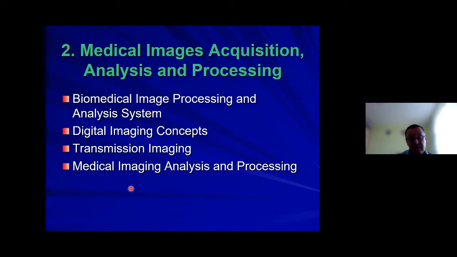So now the major part of the lecture, the second question, which covers multiple aspects of image acquisition, analysis, and processing. First of all, we need to identify a conventional biomedical image processing and analysis system, then check what a digital image is in general, so it provides a definition of a digital image and how we can deal with it.